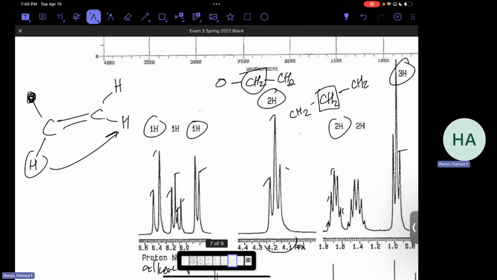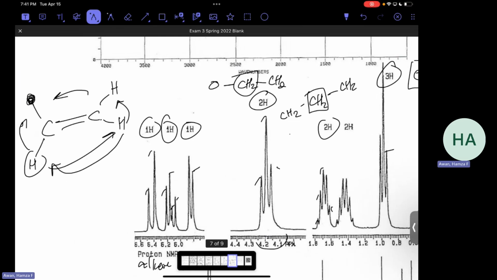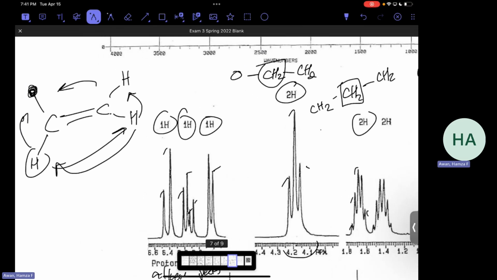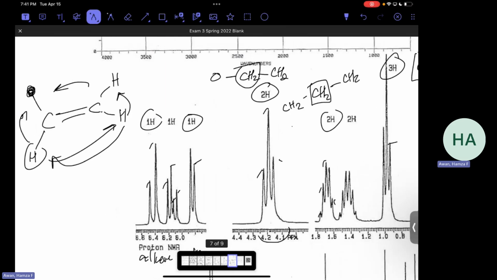This hydrogen is bonded to this hydrogen, which is in the same plane as this one, which makes sense. Then this hydrogen is also in the same plane as this one. So because of that, we have our 1 plus 1. I don't know why it's 4 peaks. Maybe I'm just miscounting, but it makes enough sense for me to be pretty confident in it.